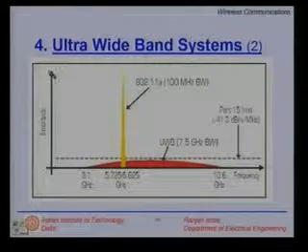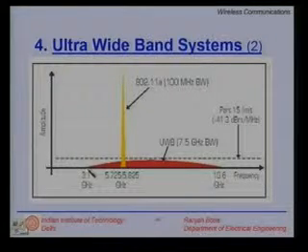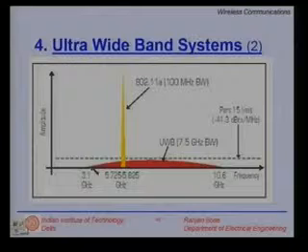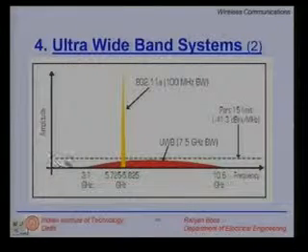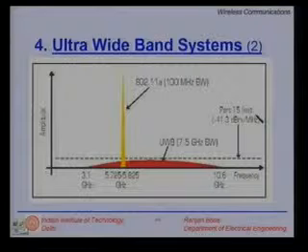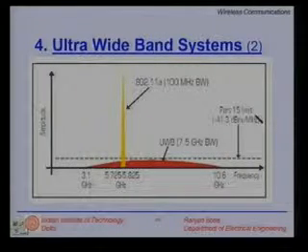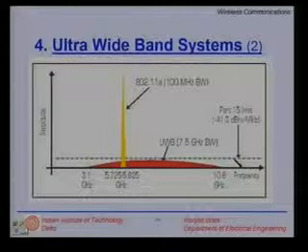On the y-axis is the amplitude plotted, and you can see that UWB has very low power of transmission. In fact, a dotted line here represents the Part 15 limit set by the FCC, and this essentially translates to the noise floor.